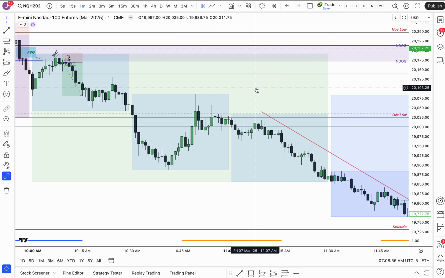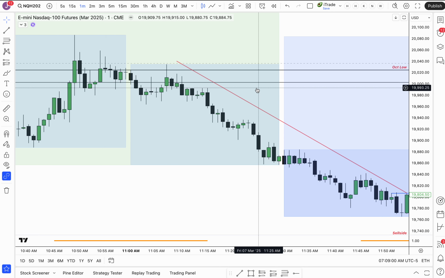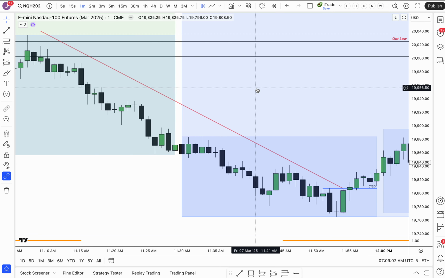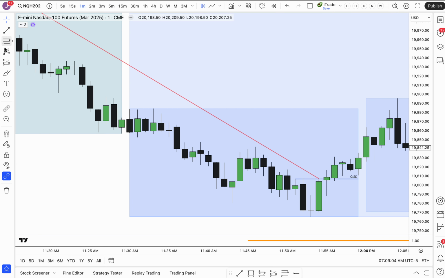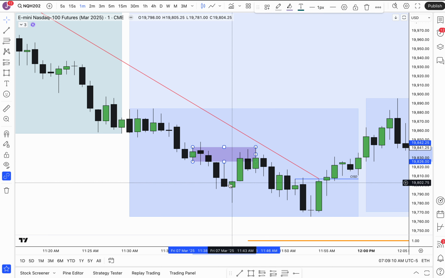So the key to this is the leg has to make a new low. So this is what I'm looking at before. So once we make that low, I'm looking at this candle.